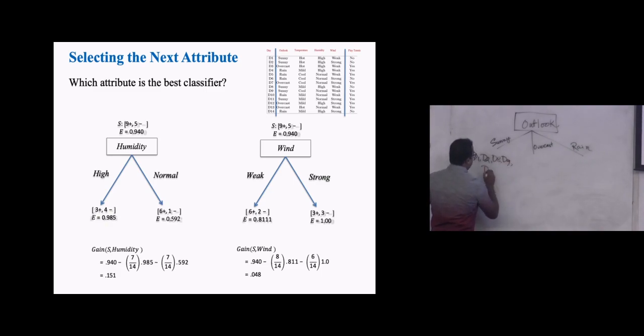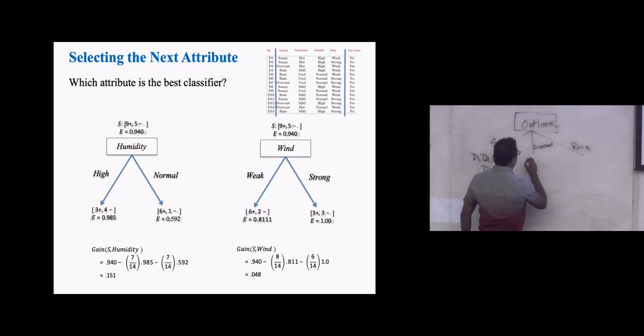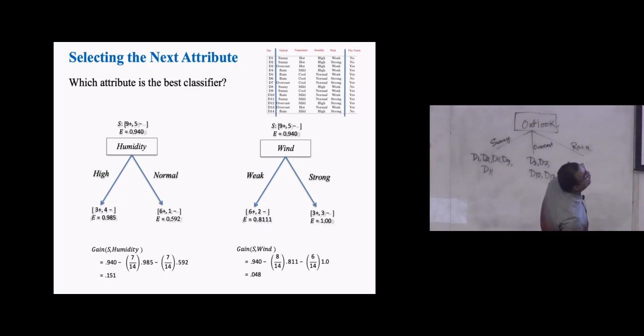And 11. Okay, good. Overcast, 3, 7, 12, 13. Thank you. Rain, 4, 5, 6, 10, 14. Okay. Right? 5, 5, and 4.